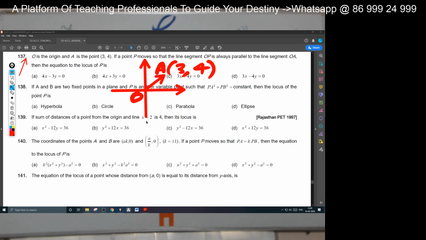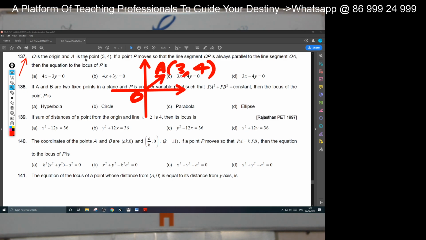There is another point P there. This is to be parallel to OA, let P be (x, y).